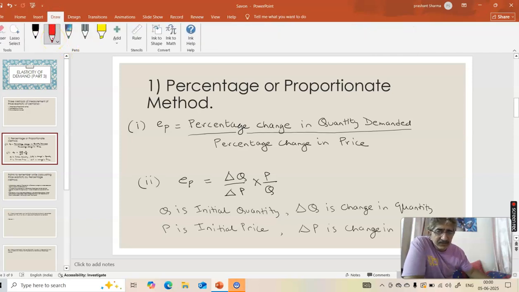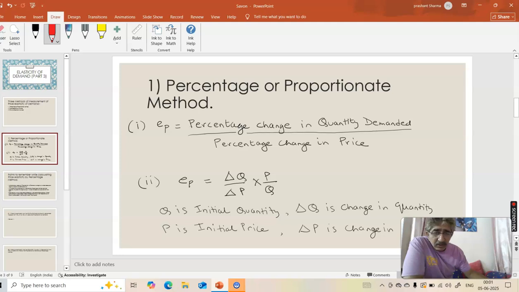The formula is percentage change in quantity demanded divided by percentage change in price. From this only we have derived the second formula, which you can see. Price elasticity is delta Q or increment Q upon delta P into P upon Q.